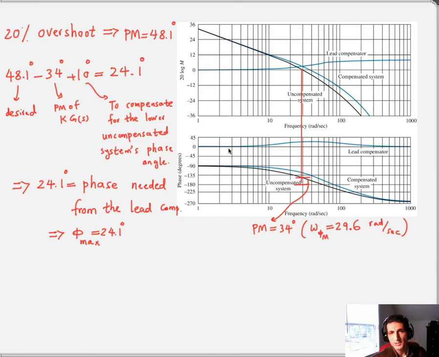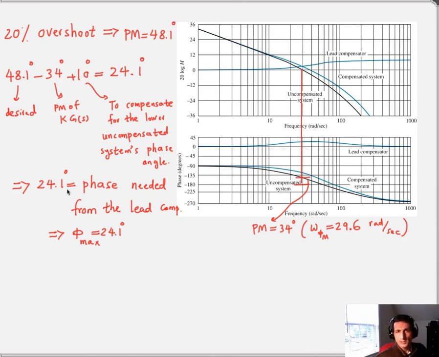Okay, so for this lead compensator, you just have to add about 10 degrees. If you remember, for the lag compensator you subtracted 10 degrees, now you're actually adding 10 degrees, and that's going to give you 24 degrees.